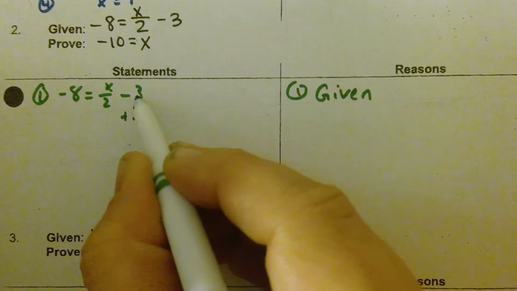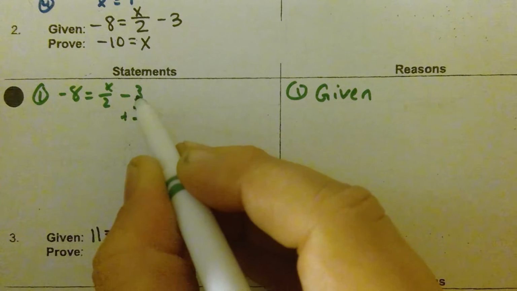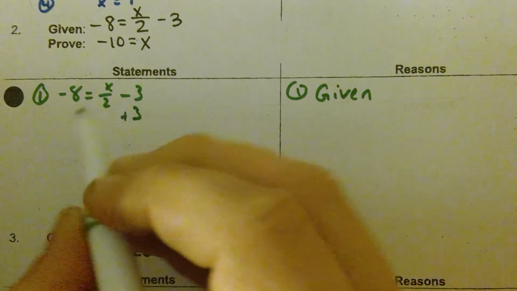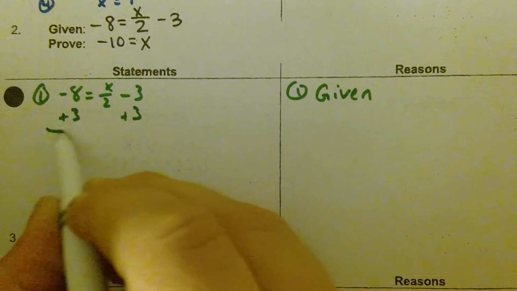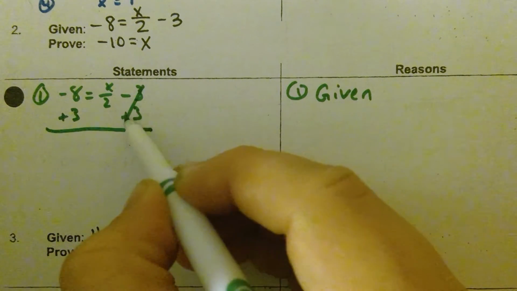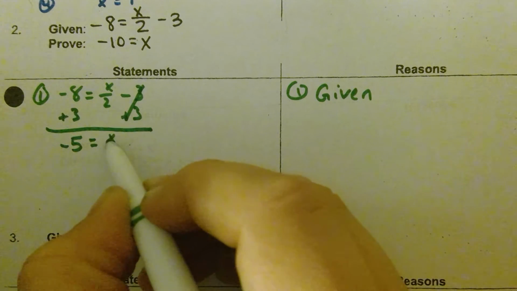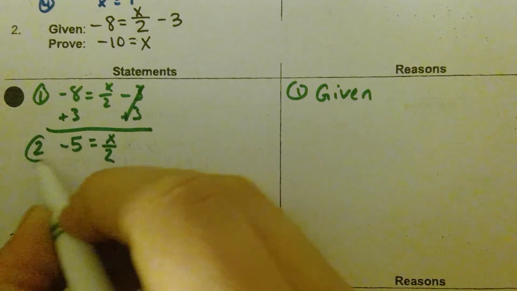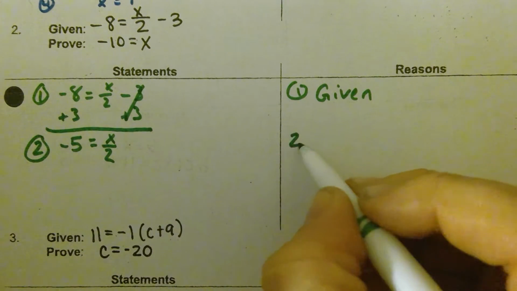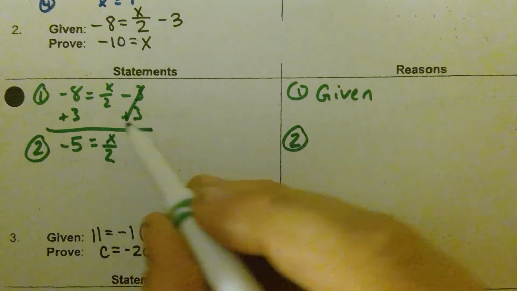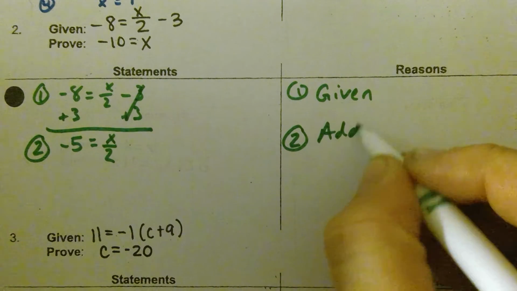I want to get rid of this minus 3, so I'm going to do the opposite operation. I see minus 3, so I'm going to do plus 3 on both sides of my equal sign. That gives me negative 5 on the left equals x divided by 2. In order to get to that step, we performed addition.